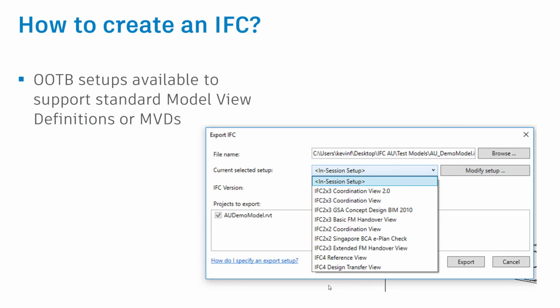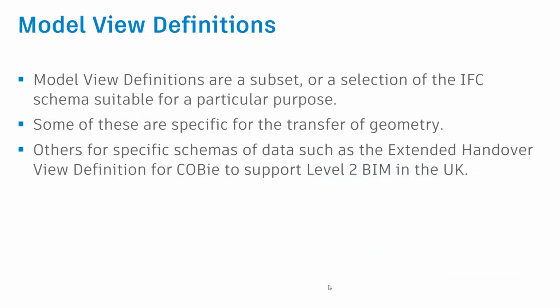So even if you've never exported an IFC before, it does give you some options to assist you. And these are model view definitions, or MVDs. These are setups that predefine the way that the IFC is exported into certain different formats. And these formats are used for different uses.